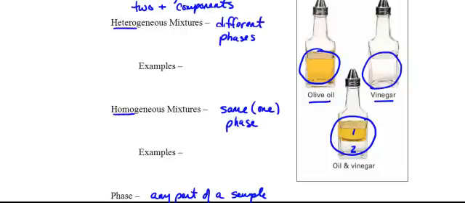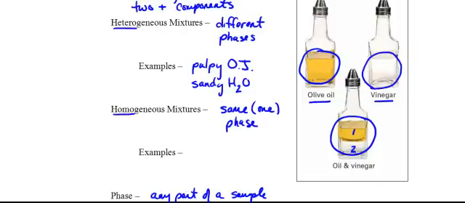Now, an example of a heterogeneous mixture with different phases: pulpy orange juice. I'm just going to write OJ, pulpy OJ, because when you look at it, you can actually see the chunks floating around. Dirty water or sandy water.